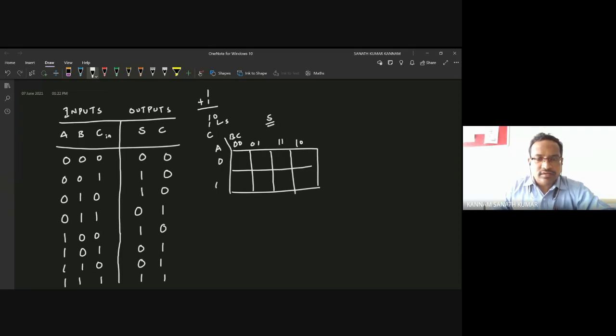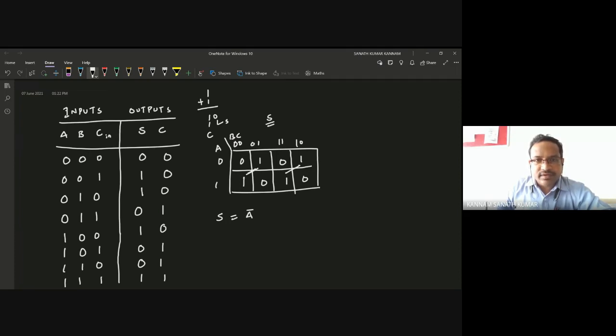So you are getting 0, 1, 1, 0, and next 1, 0, 0, 1. So you are getting these ones diagonally. These ones diagonally means you can consider this as an XOR gate, or I can write the sum in terms of an expression.